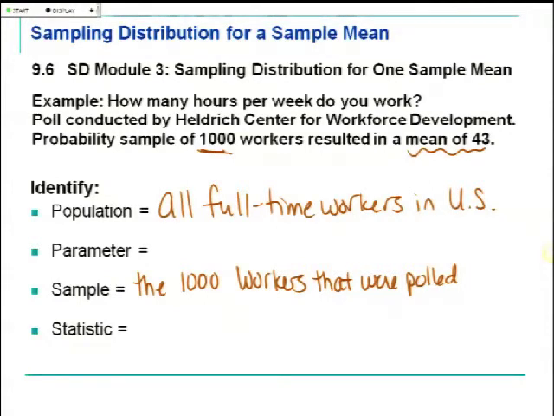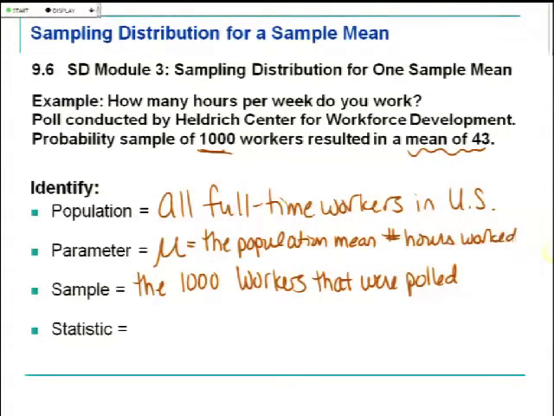The parameter, what I'm trying to learn about for the population, is the mean. And the Greek letter mu represents the population mean. The population mean, number of hours worked per week. This would be for all workers.